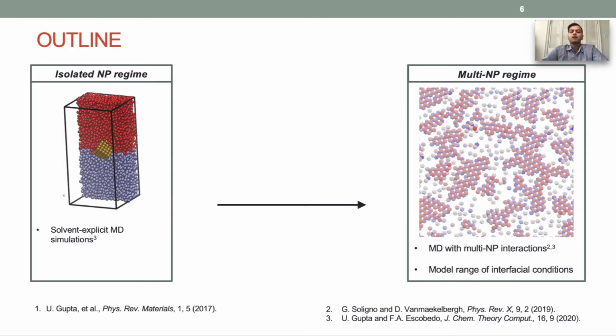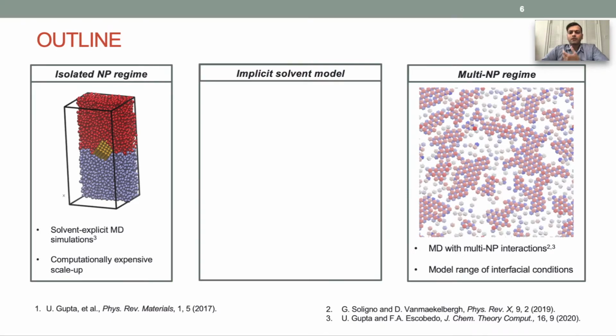To bridge this gap, we use insights gained from the explicit solvent simulations to develop an implicit solvent model. This model captures the multibody effect of the solvent molecules and therefore of the interface itself, and it does so by overlaying an effective potential of mean force onto each nanoparticle.